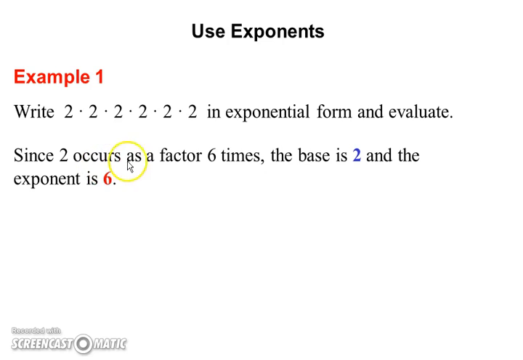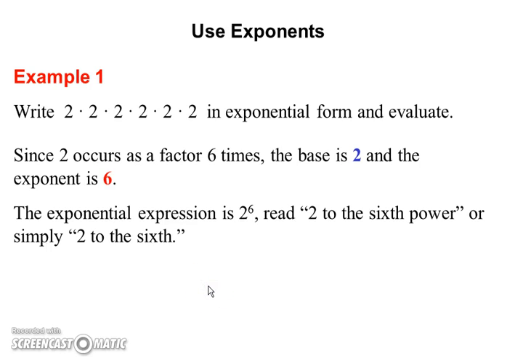Since the 2 shows 6 times and is being multiplied by itself 6 times, we can say that the base is 2 and the exponent is 6. And when doing that, we would write the exponential expression 2 to the 6th power, or simply 2 to the 6th.